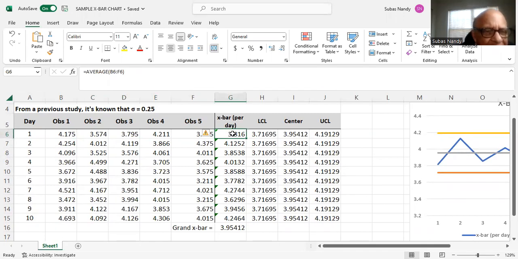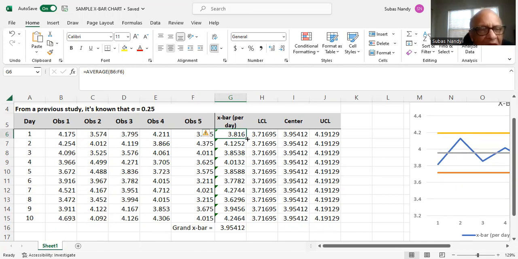Average B6 means column B, row 6, observation 1, day 1, through column F, observation 5 for day 1. So we are averaging the data points B6, C6, D6, E6, and F6, which is the formula I have highlighted in G6.